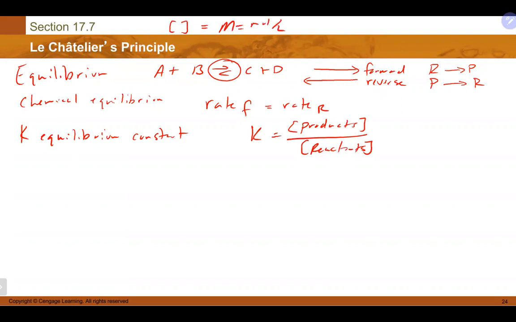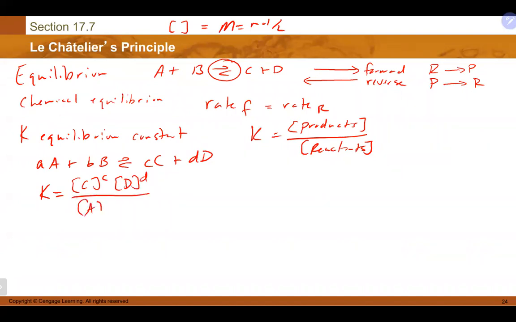It is important that we take the coefficients into account. If you have an equation like this, we want to take the coefficients, and they become our exponents when we write our equilibrium constant: C to the c power, D to the d power, A to the a, and B to the b.